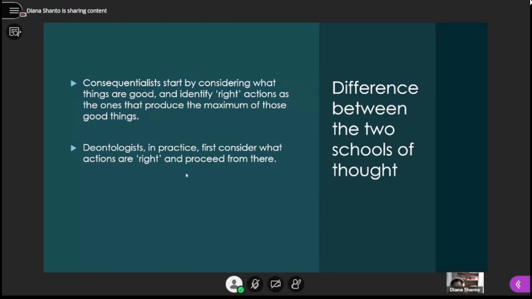Si on prend, par exemple, là ça me donne une idée, consequentialist: the medical field follows the consequentialist school of thought, because quand on met un médicament sur le marché, il y a beaucoup d'études qui sont faites pendant des années et tout, but we tend to look at the benefits.